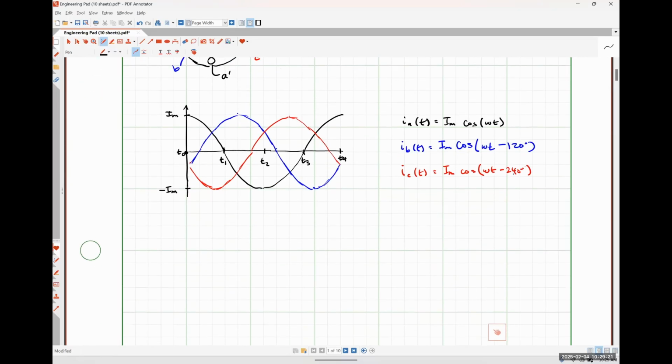Okay, so at t equal to the time I have labeled as t0, the value of the currents in each winding will be, so IA at T0 is just Im. So it's at its maximum value, okay?